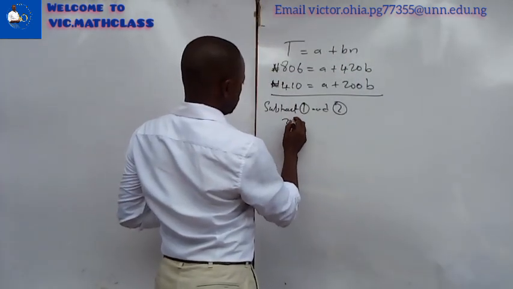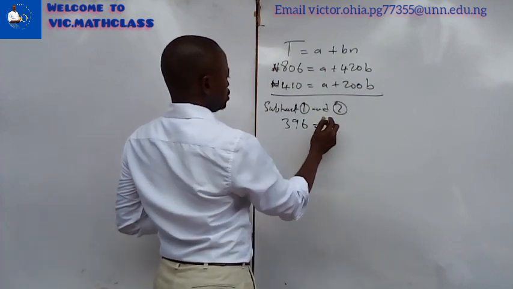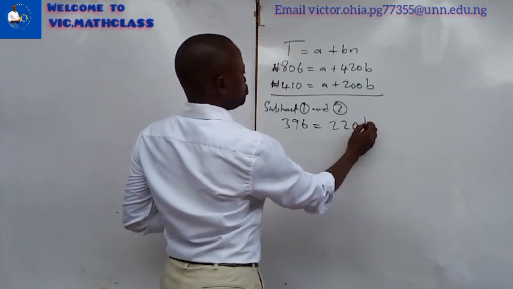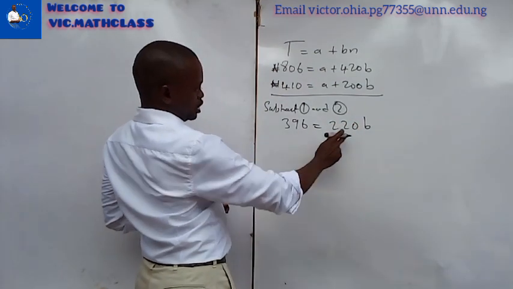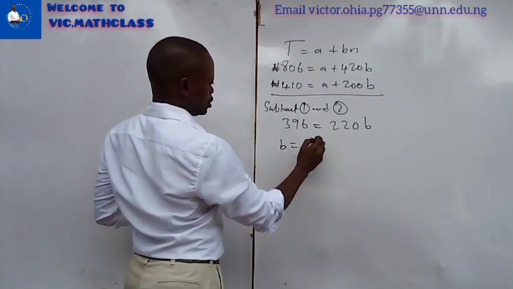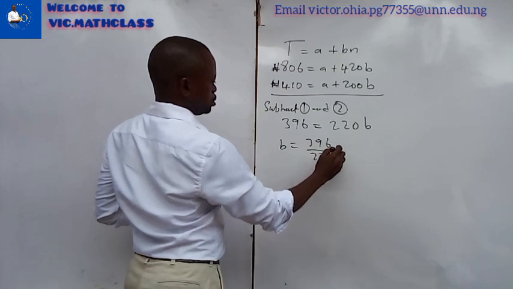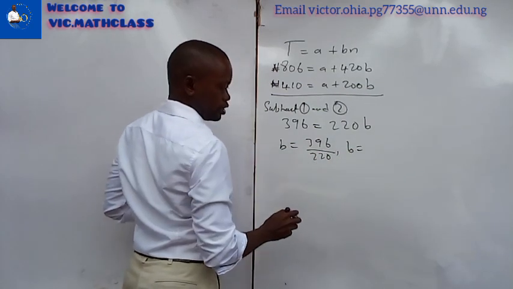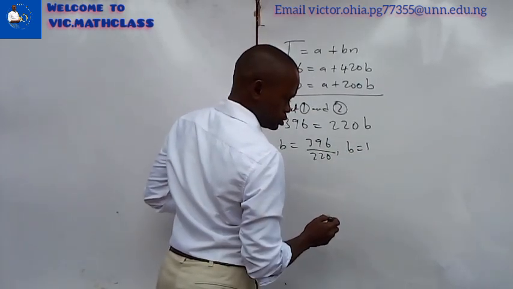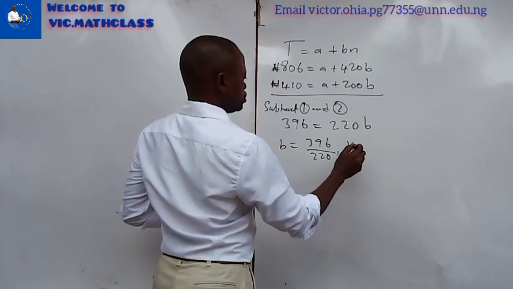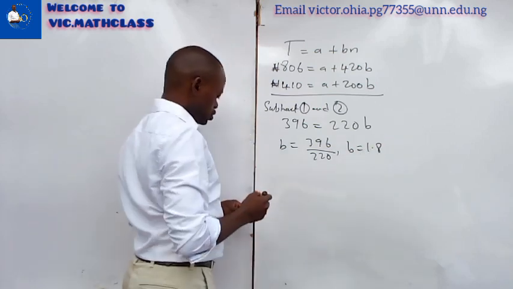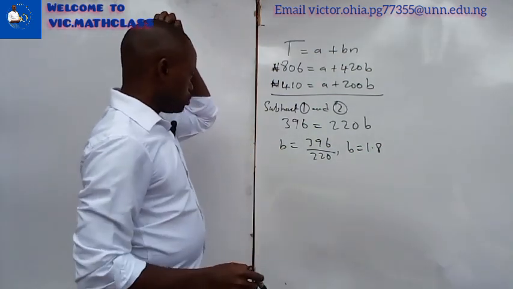So I have 396 equals A minus A, which is 0, and then 420 minus 200 gives me 220B. If I divide both sides by 220, B equals 396 over 220, which by my calculation is 1.8. Take your calculator and verify that it is 1.8.